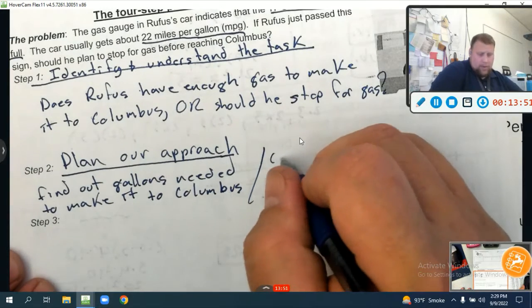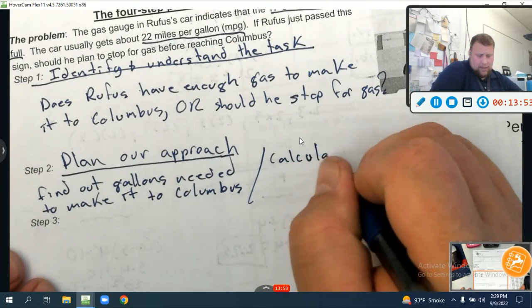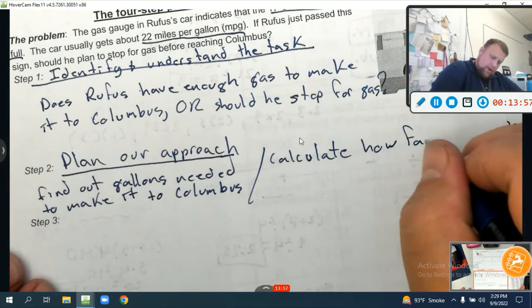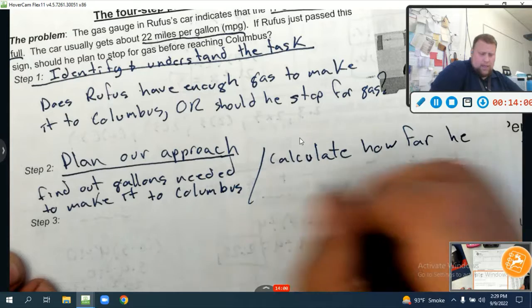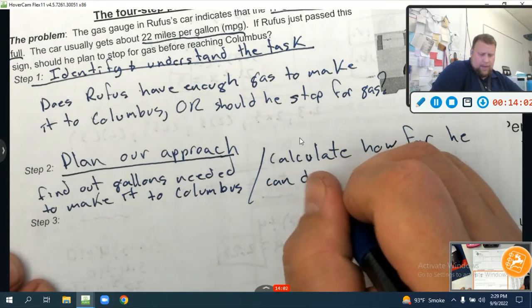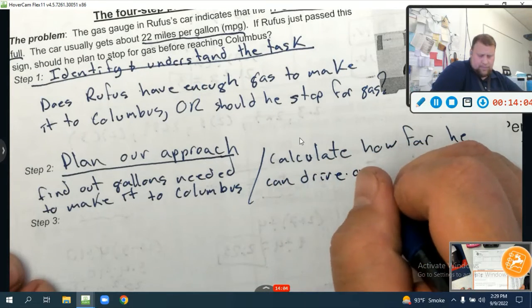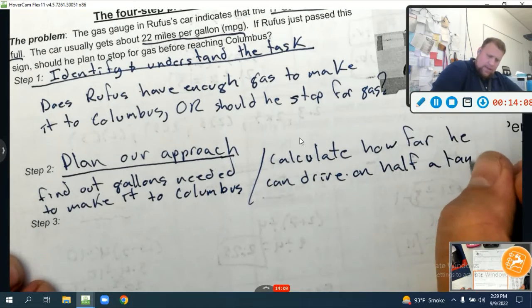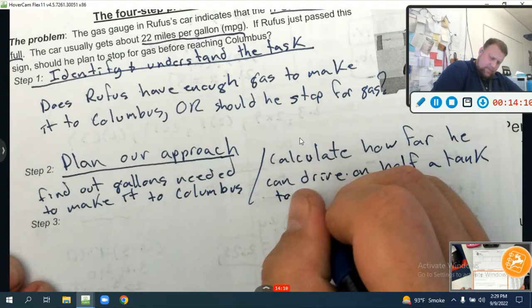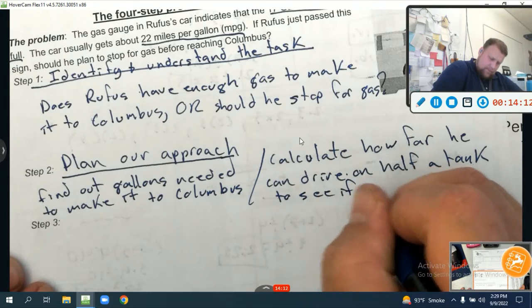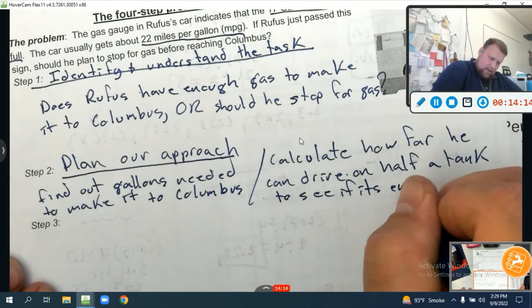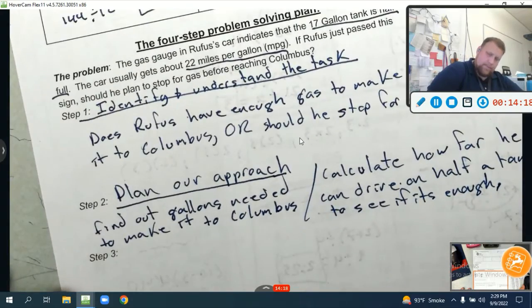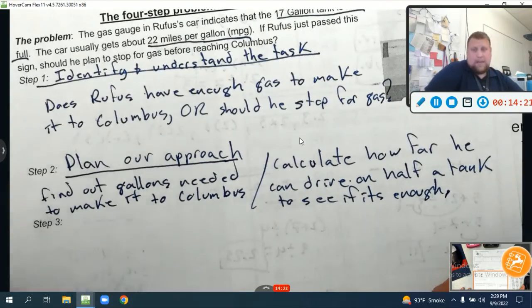Or we could calculate how far he can drive on half a tank to see if it's enough. That's kind of the two options I see.